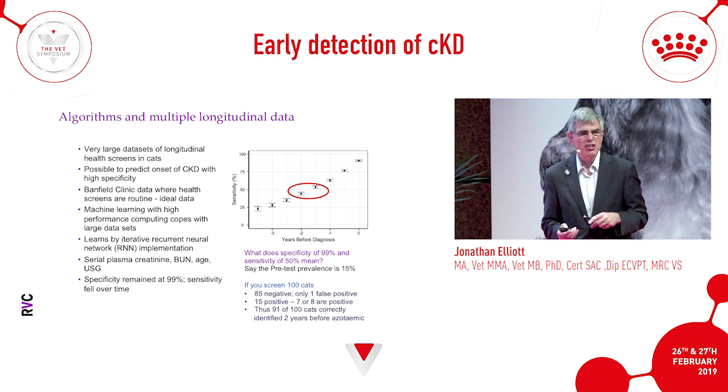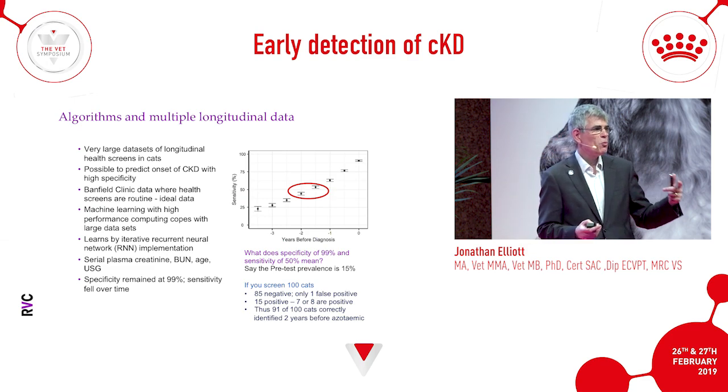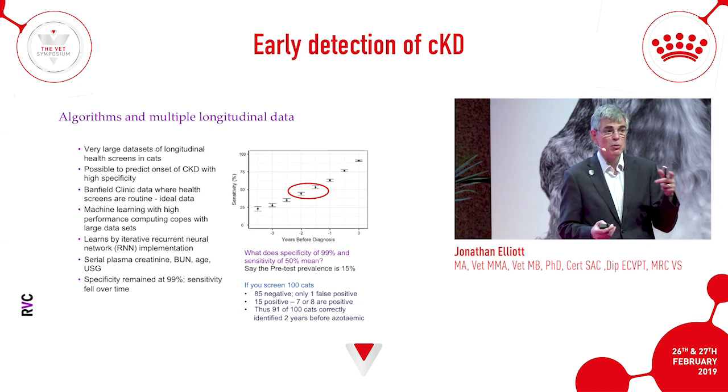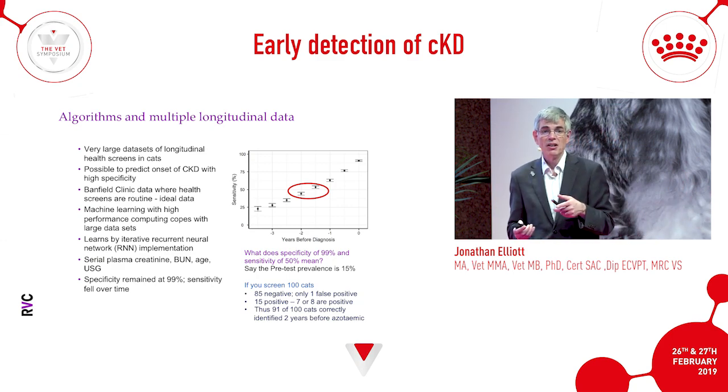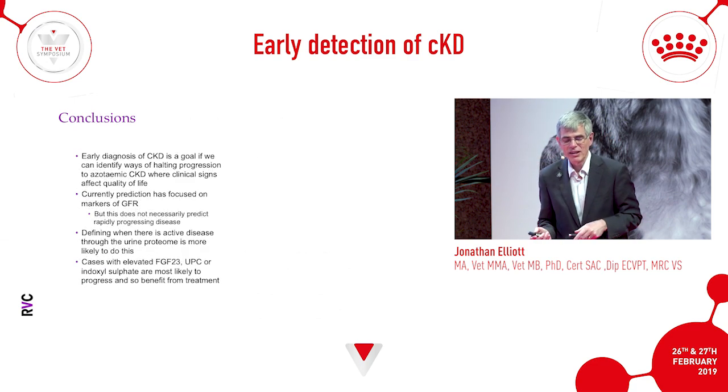So that's actually pretty good, I would think, especially as the consequence of getting this wrong just means that you're going to wait another year before you actually test that cat again for its chronic kidney disease, and you will still probably pick it up at an earlier stage with routine annual monitoring than would be the case if you weren't monitoring these cats.